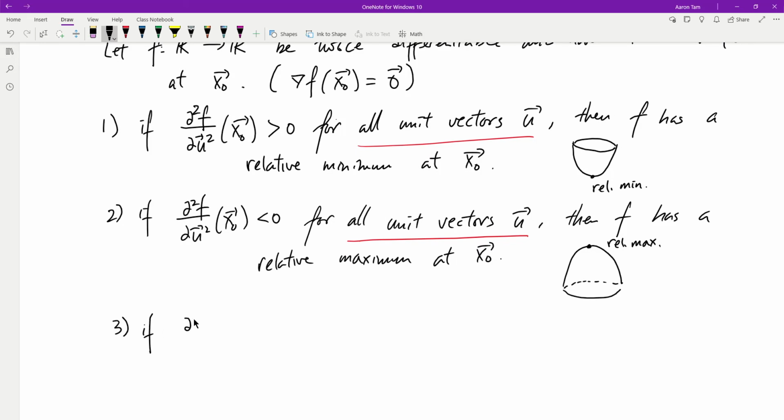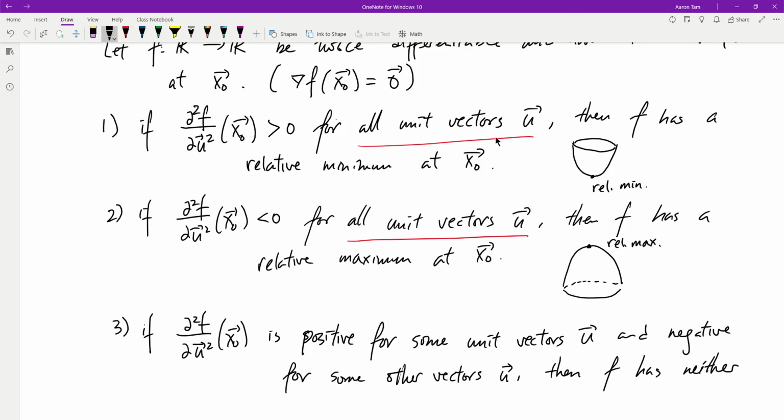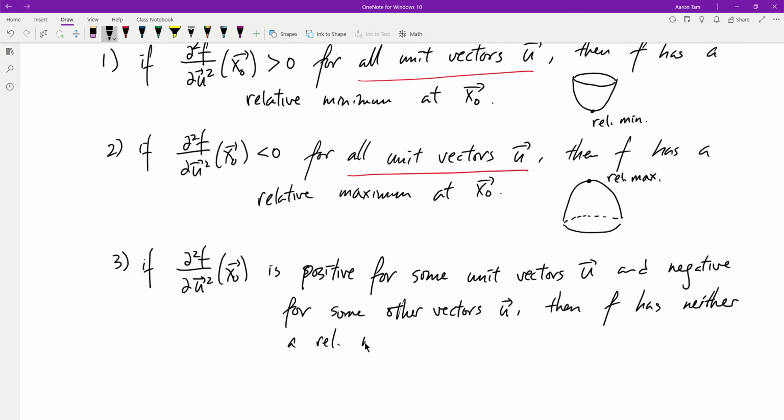Case 3. If d square f over d vector u square at x of 0 is sometimes positive for some unit vector u and negative for other u, then f has neither a relative maximum nor a relative minimum.